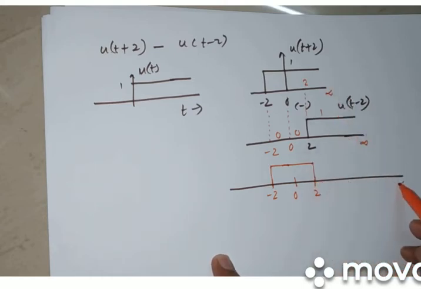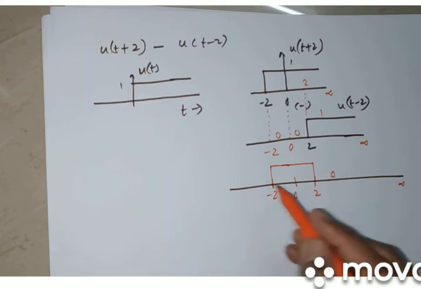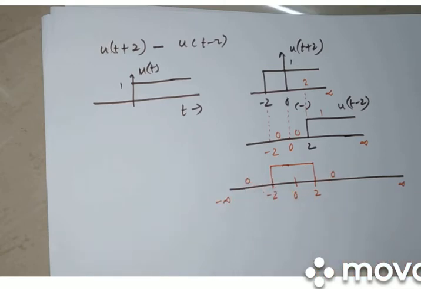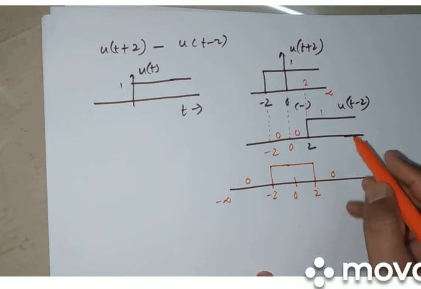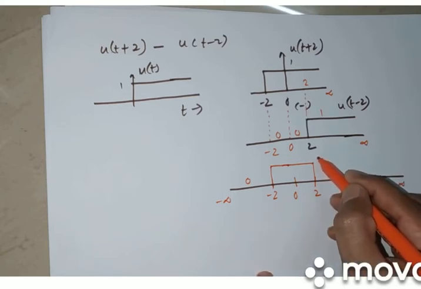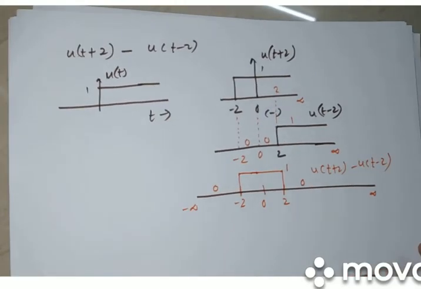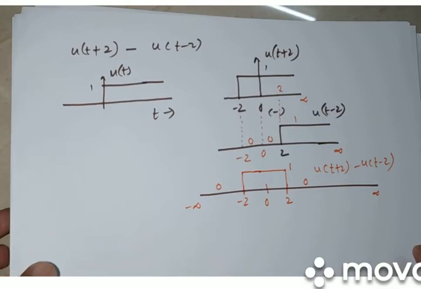So from 2 to infinity, the rest is 0. Similarly here, from minus infinity to minus 2, it is 0. So this is our answer. This is equal to 1, and this is u(t plus 2) minus u(t minus 2). Okay, in this way you can find.